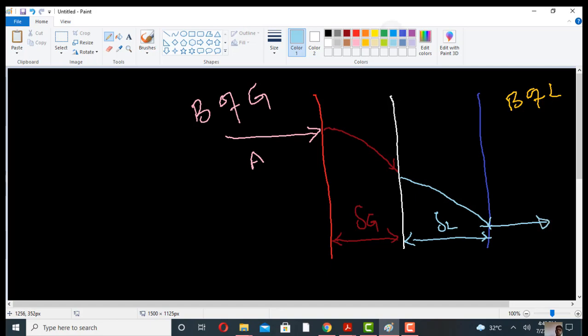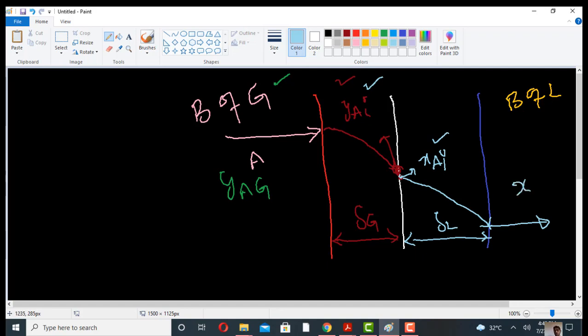So in the bulk of gas, the concentration of component A is Y_AG. At the interface, the concentration of component A on the gas phase basis is Y_Ai, and similarly at the interface, the concentration of component A on the liquid phase basis is X_Ai. So Y_Ai and X_Ai are the interfacial concentrations.